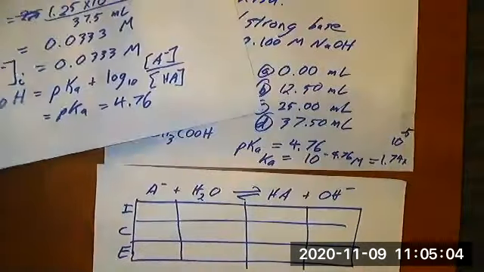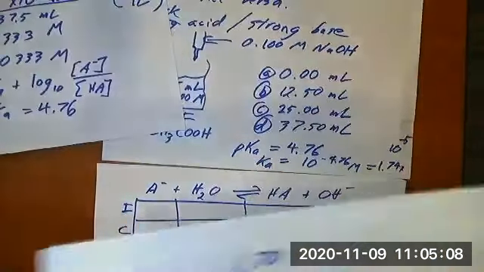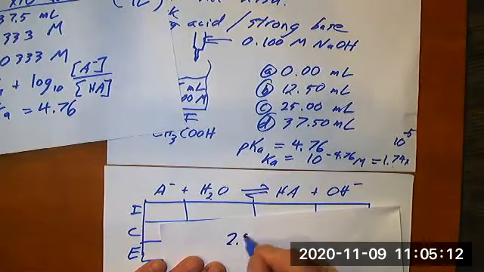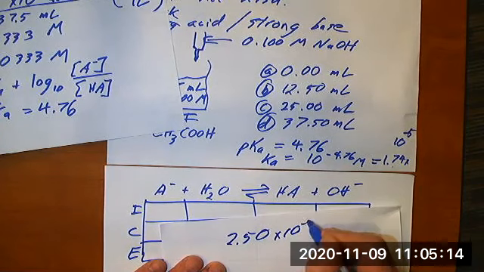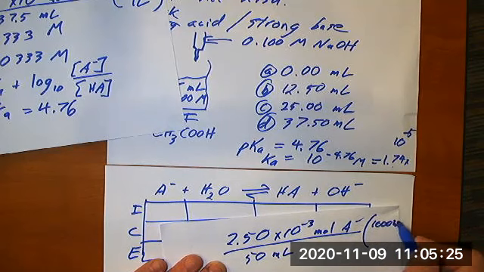So our concentration here is going to be, there's a sheet of paper here for that. So we have 2.50 times 10 to the minus 3 moles of A minus in 50 milliliters, and we convert milliliters to liters.